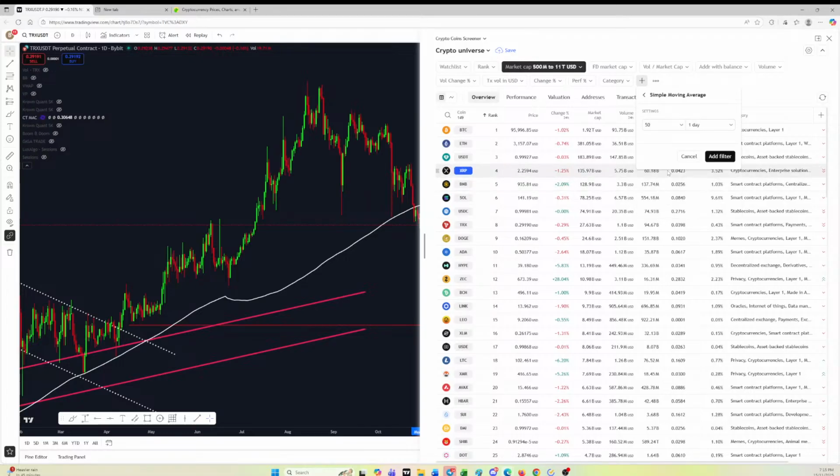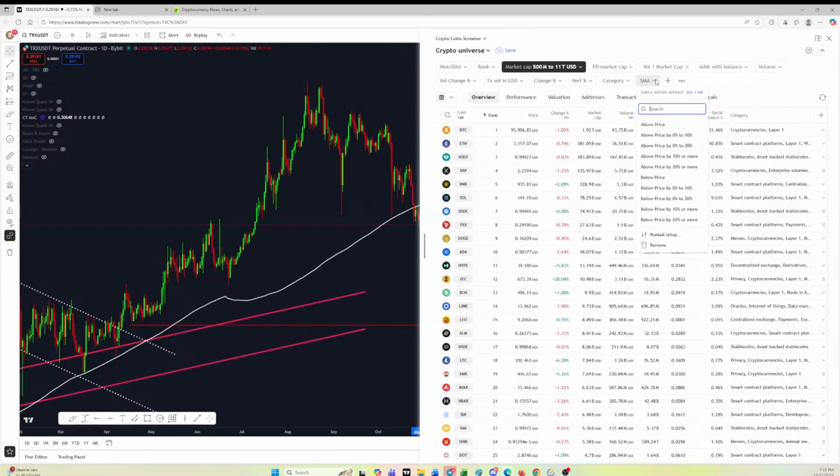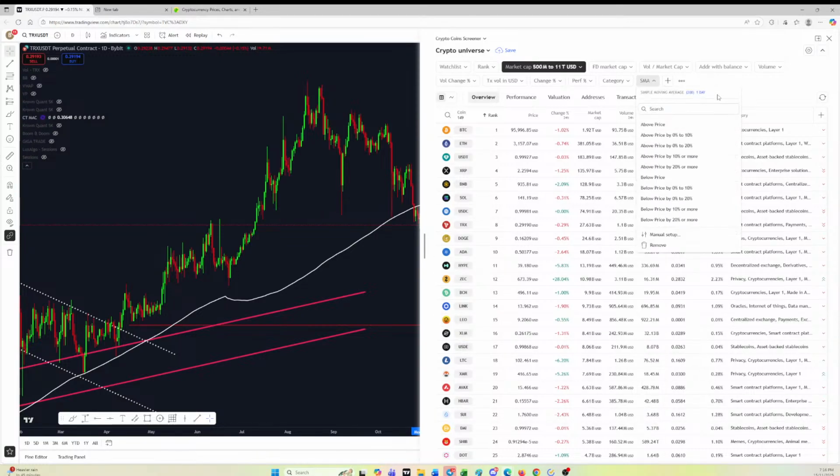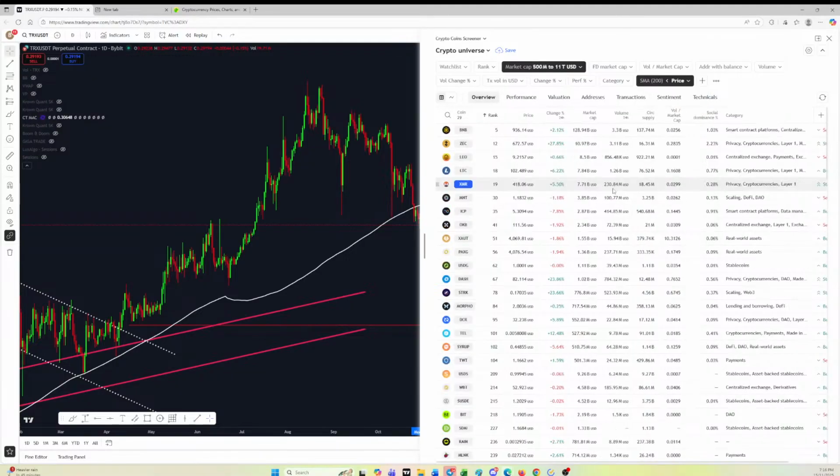Continue where we were. Simple moving average. Okay, let's adjust it. Manual setup. So we want to find if anything is above the 200-day simple moving average, so we want it to be below price. Alright, here we go.